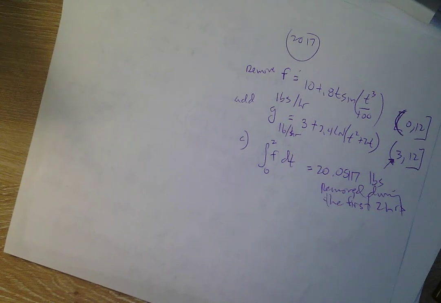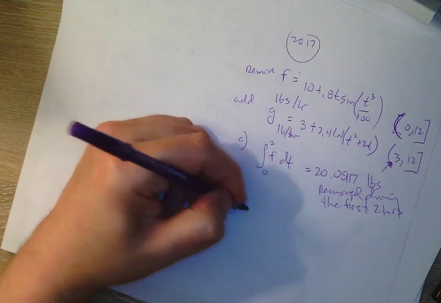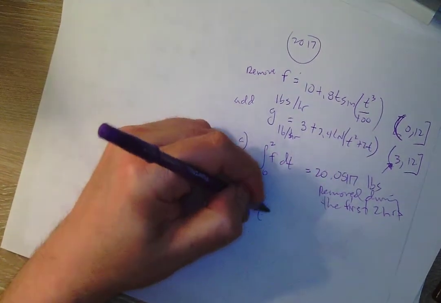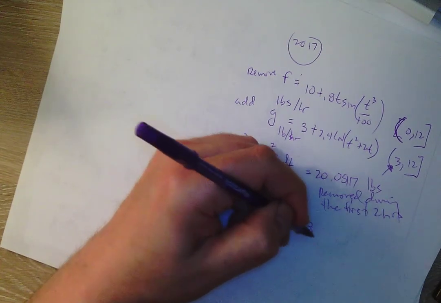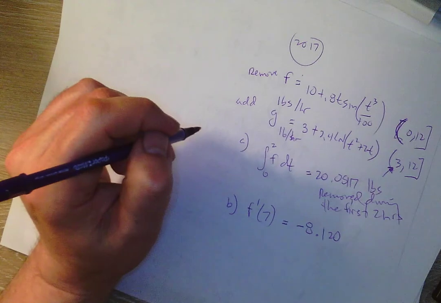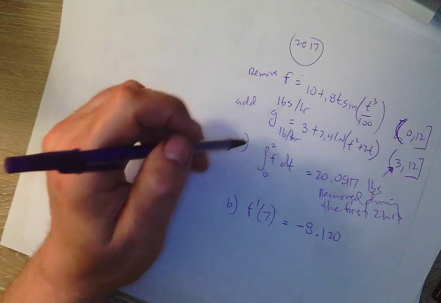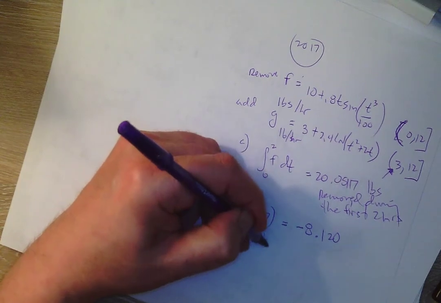What about part B? Using correct units, explain the meaning of f prime of 7 in the context of the problem and find f prime of 7. Well, they're not expecting me to find f prime of 7 by hand. This is the calculator portion. And I got negative 8.120 when I did this on my calculator. Remember that f is pounds per hour.